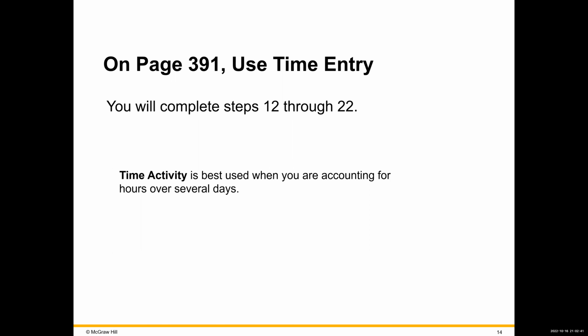All I could see is time entry. So that's what we're going to use. That means that when you get to 391, you'll do step 1, yeah, new icon. You'll do step 2, but you're going to use time entry. So you're going to skip 3 through 11 and do step 12 through 22.